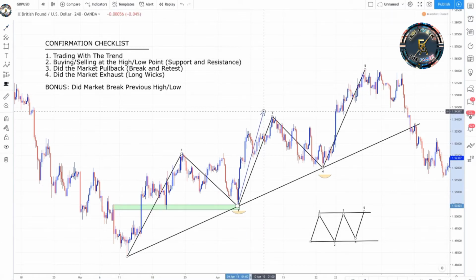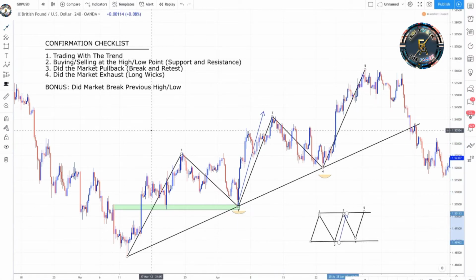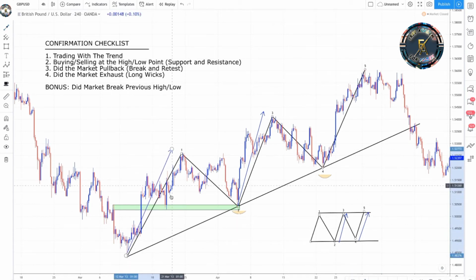Now, there are two types of ways to look at this. The market can be either A, bouncing at a support where we could be looking for buying opportunities, just like this example here, or B, the market could be doing what's known as a break and retest, meaning that the market came up and broke its previous resistance and then created a new support inside of the market.